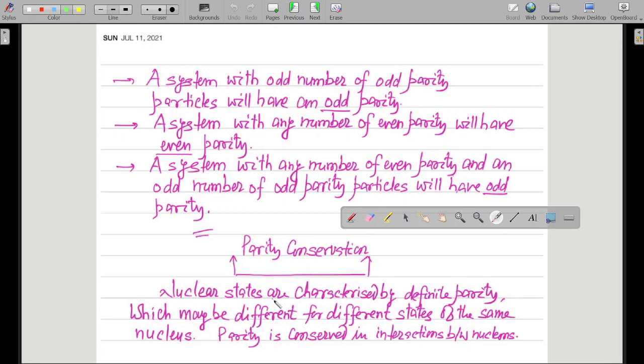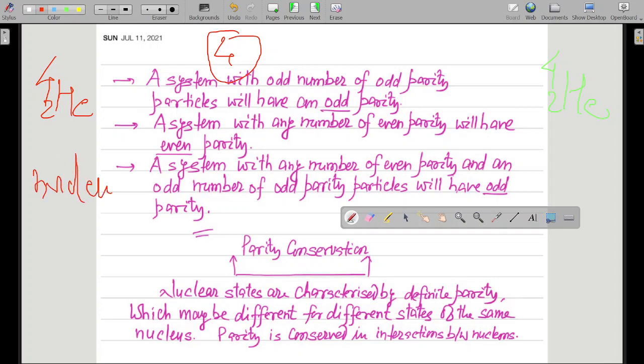Nuclear state means the same nucleus. Suppose we have a 2He4 nucleus. In this 2He4 nucleus, the four nucleons which we have might be filled in a different manner. The nucleus might be in an excited state, or it might be in the ground state.